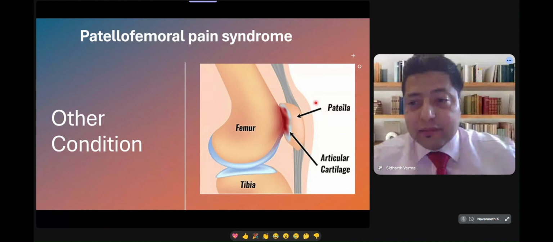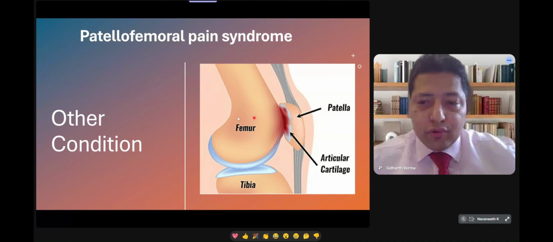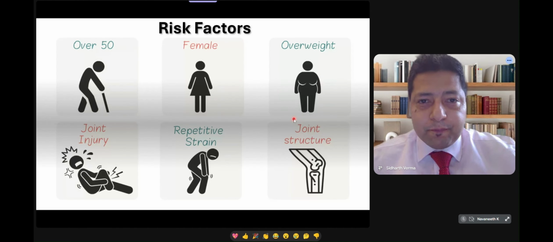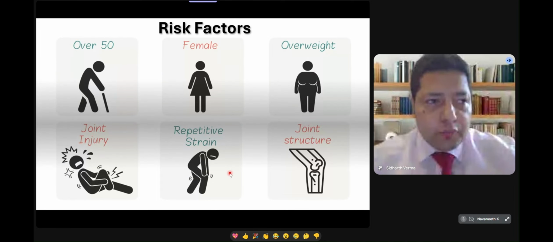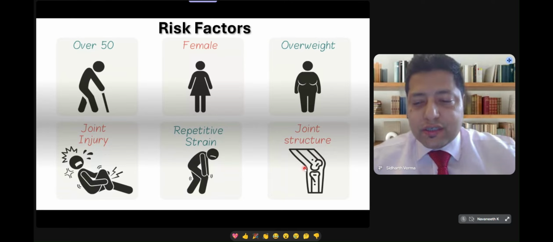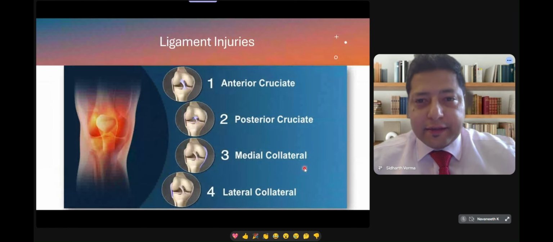So this is the patella, as I mentioned, this is your femur bone, and this pain will probably be most in the front. The risk factors usually for knee pain are patients over 50, female patients, overweight patients, joint injury, and repetitive strain, meaning if your occupation is such that you put a lot of load on the knee, and also the joint structure which might be slowly degenerating.